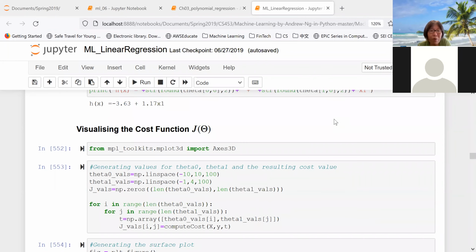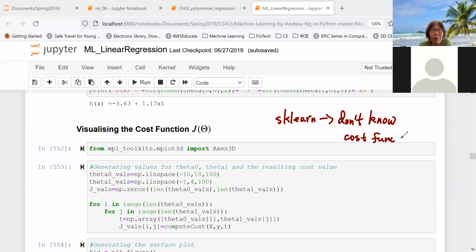For the raw approach, what it can benefit is, with sklearn, we don't know the cost function versus the iteration. It didn't provide that, so that's kind of a black box. You cannot find the relationship between the cost function and the iteration.